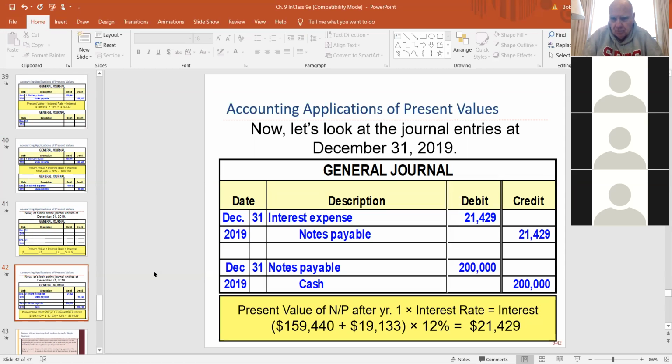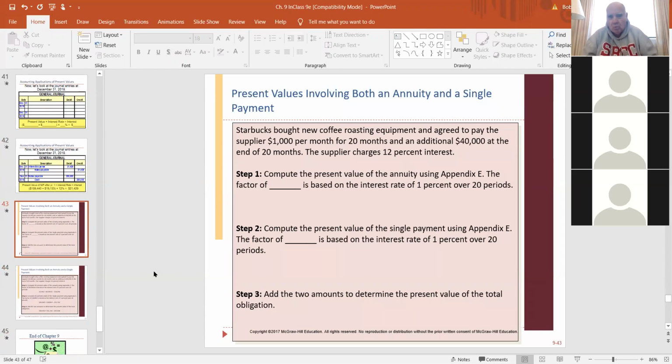Now I think we have one more fun example to go through. Look at this. Present values where you have a transaction with both an annuity and a single payment. I'm going to give you a secret here. Don't tell anybody, okay? This is a bond.